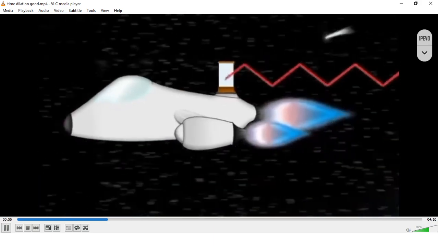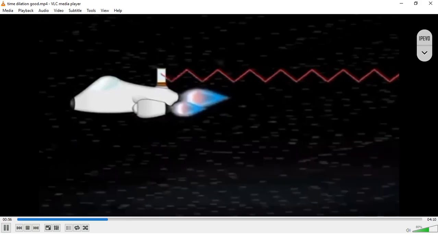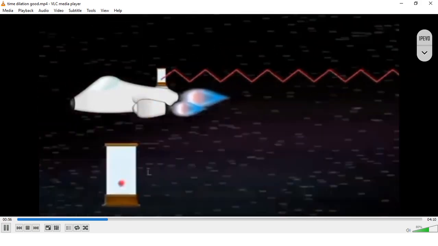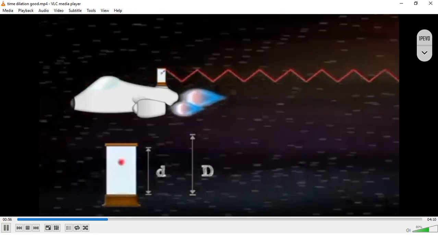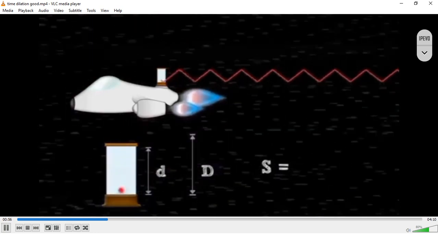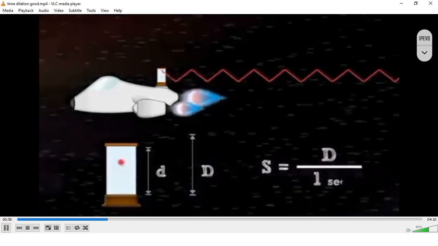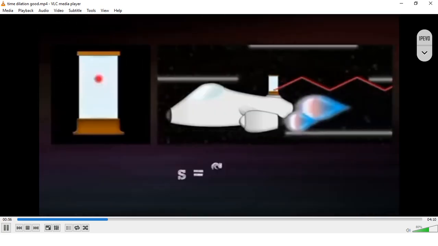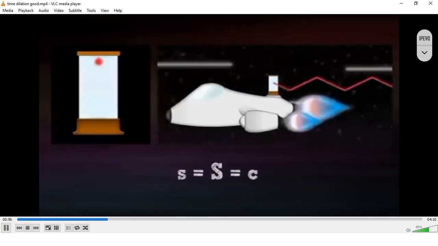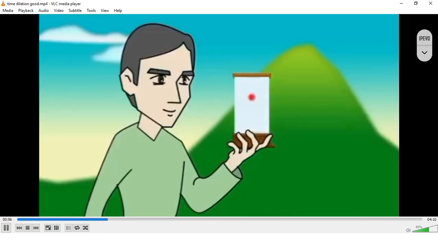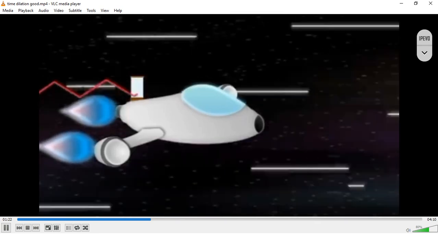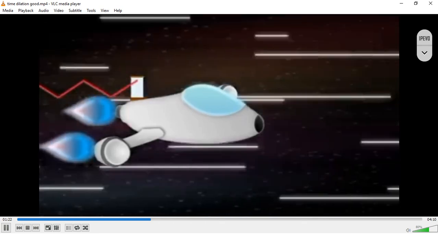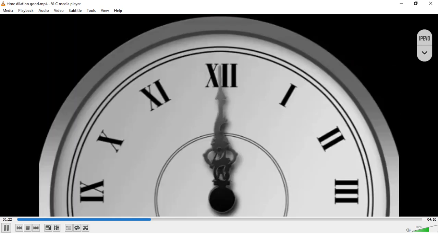While inside the jet or the rocket, when you are in space, you discover that time slows down. So when an object tends to move with a speed close to that of the speed of light, it slows down time. You can see that the red line represents the time oscillation.